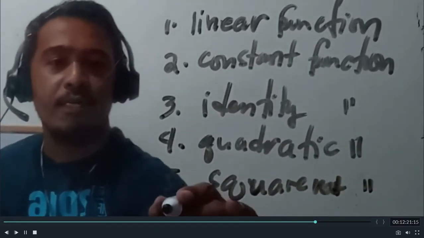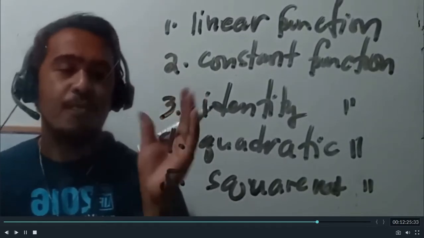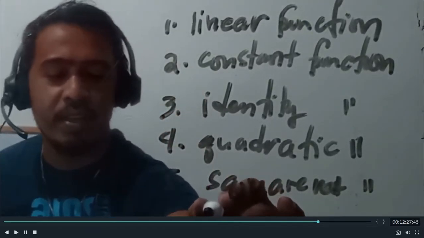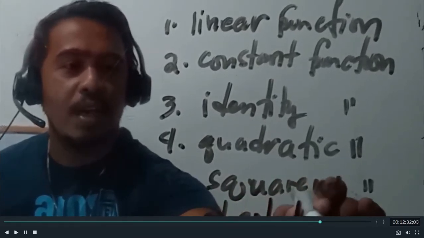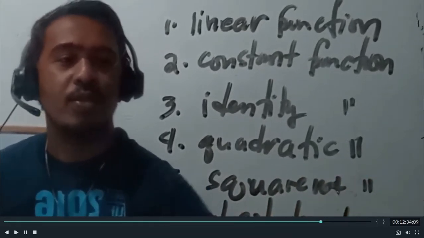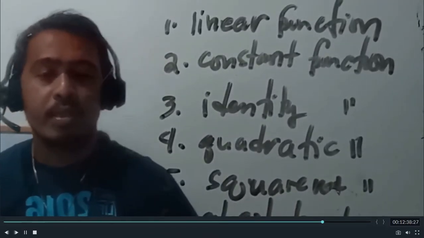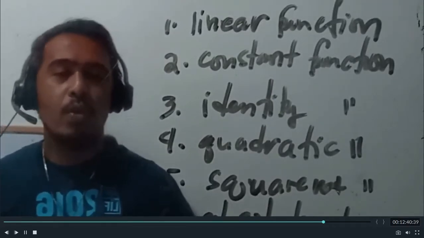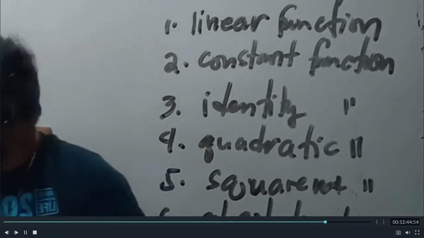And lastly, if you see a graph in V form, as in violin, it is the absolute value function. There are more special functions, but here we only consider 6 special functions.